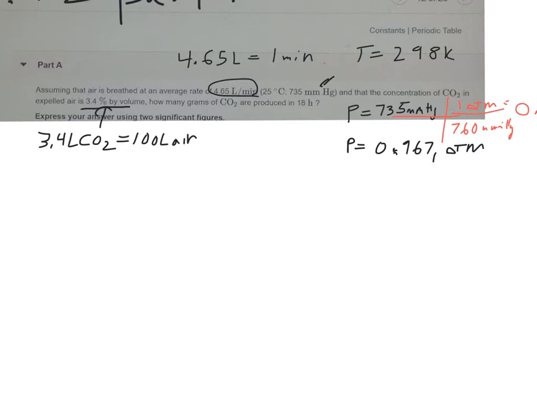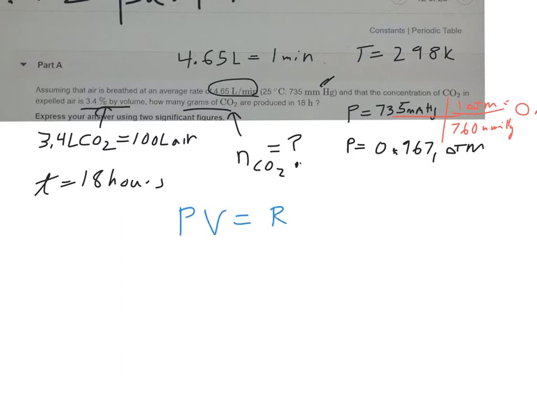They're wanting to know grams of carbon dioxide, and they've given me a time of 18 hours. Well, if I'm needing grams of carbon dioxide, the only way I know how to get grams in chemistry is to get them from moles. So they're really asking me for the number of moles of carbon dioxide. And I know whenever I'm dealing with gas laws and moles, it's going to involve using PV equals nRT.